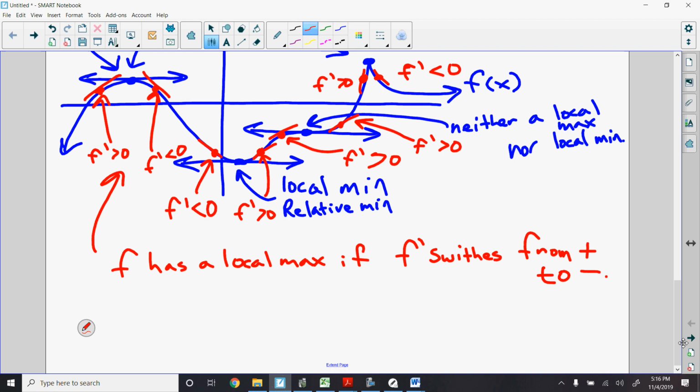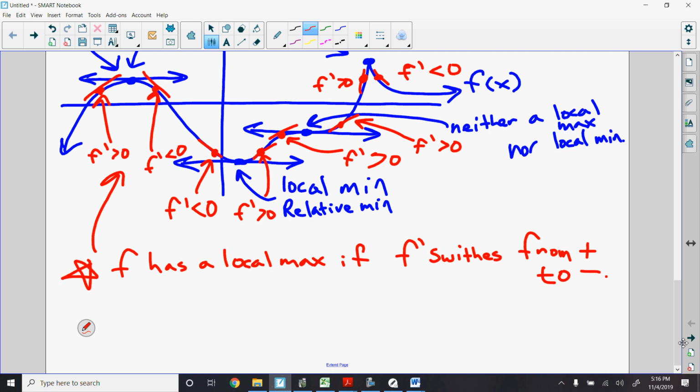F prime is switching from a positive number to a negative number, which means f is switching from increasing to decreasing, which makes sense that something would max out. It's increasing, increasing, then f starts decreasing. At that point where it switched, I must have maxed out my height. That's the third important definition we have today.